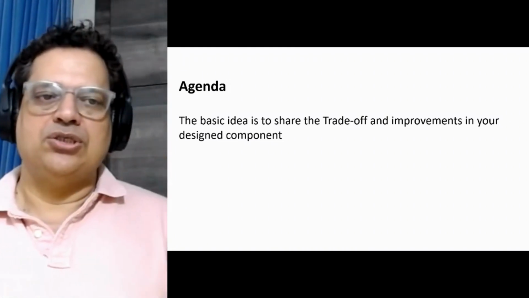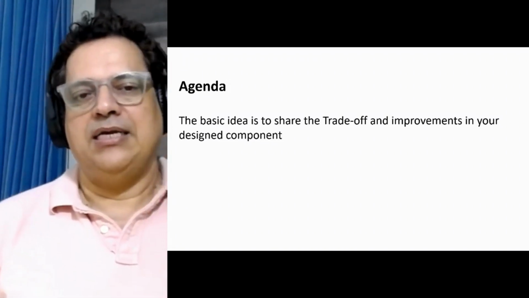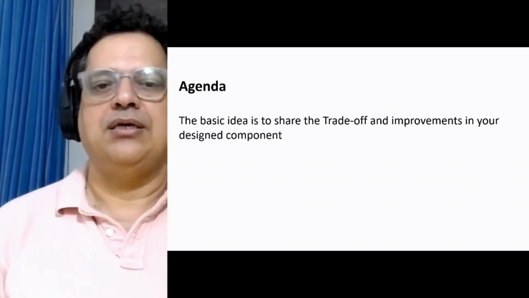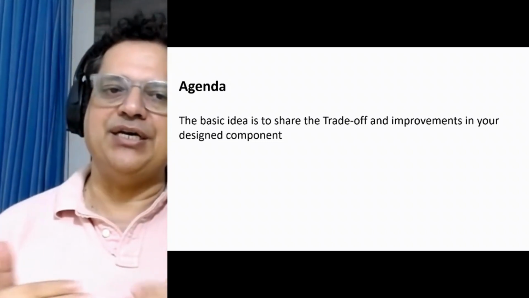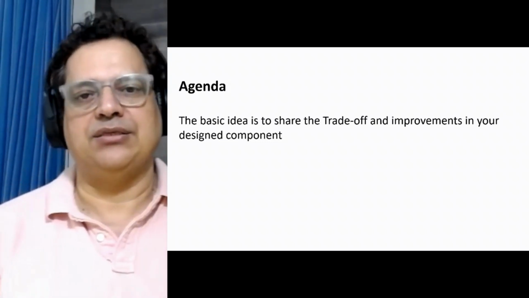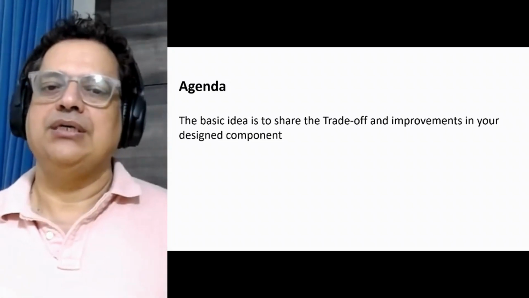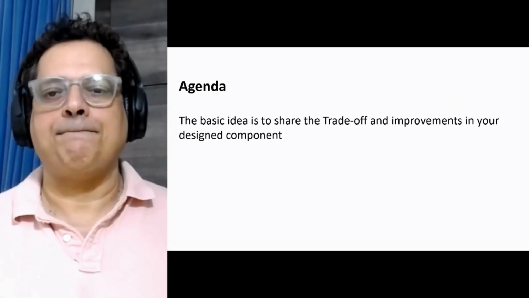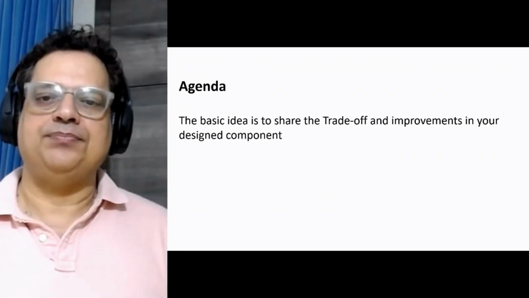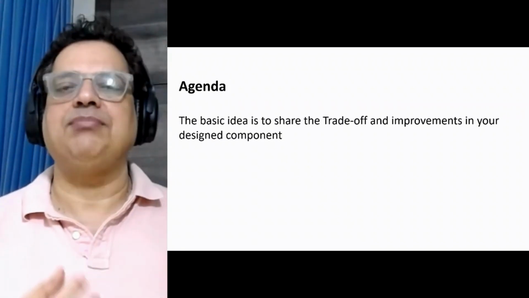Okay, so let's start. The agenda for today is to share the trade-offs and improvements in your design discussion. Let's say I am taking the example use case of designing a URL shortener, as an example, a system like Bitly.